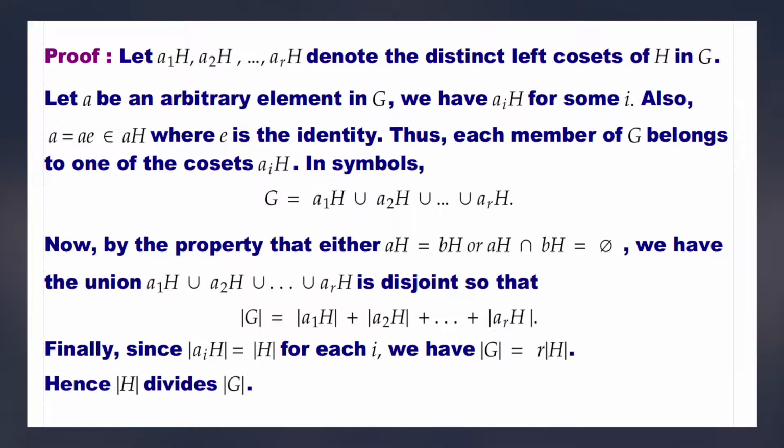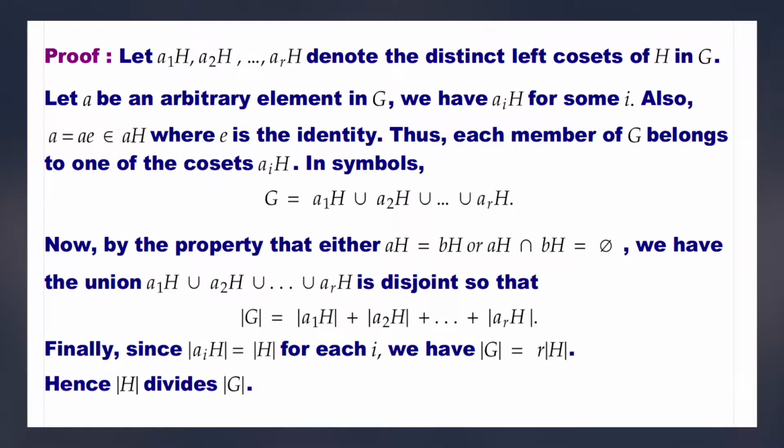Now, by the property that either AH is equal to BH or AH intersection BH is empty, we have that the union A1H union A2H and so on union ARH is disjoint, so that the cardinality of G is equal to the cardinality of A1H plus the cardinality of A2H plus and so on plus the cardinality of ARH.